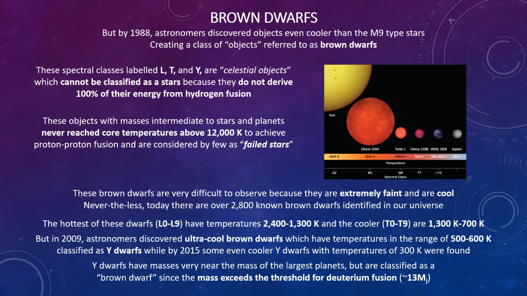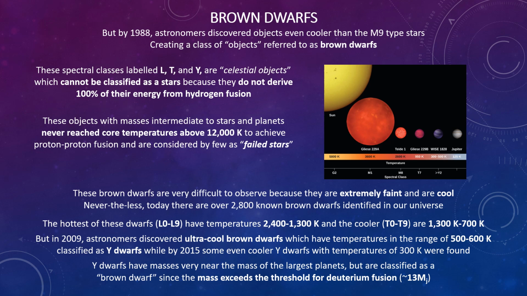There are also these types of stars, or more accurately, that we would call objects, that are similar to stars, which we call brown dwarfs, and they are cooler than M9 type stars. So these are the ones that have the spectral labels L, T, and Y, and these are what we call celestial objects because they cannot be classified as stars because they don't derive all of their energy from hydrogen fusion.